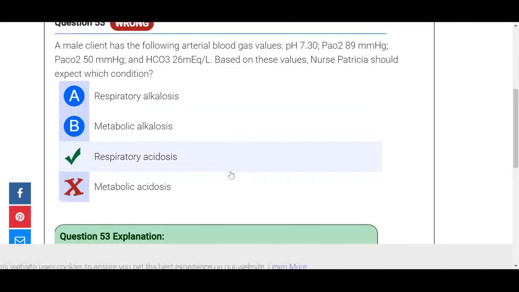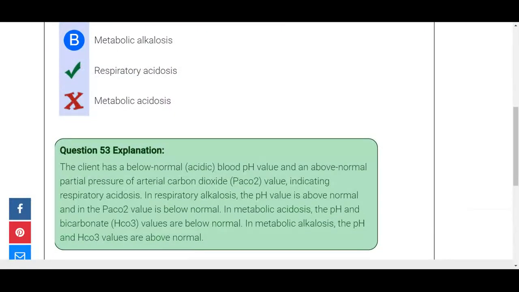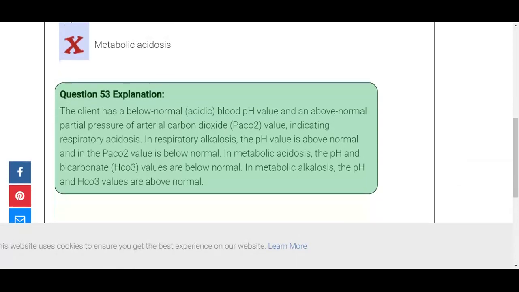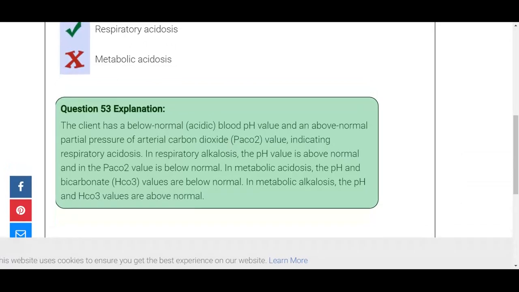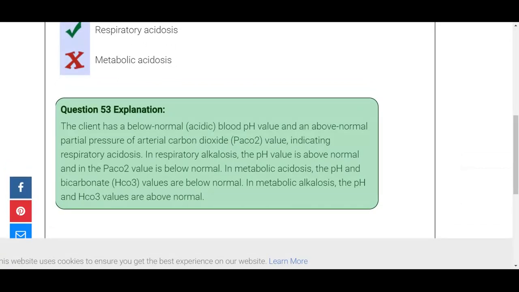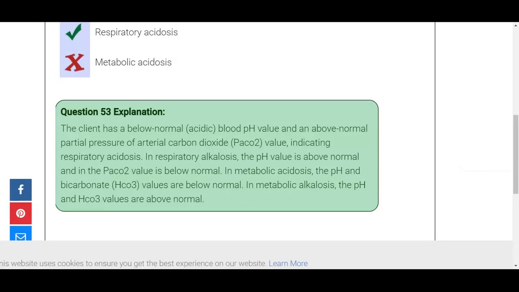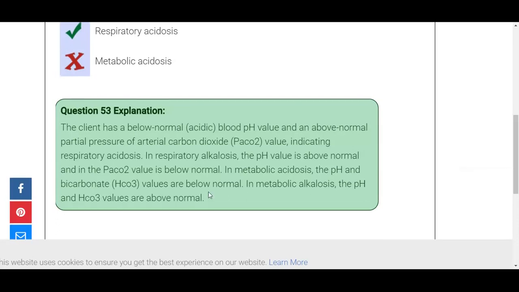It's respiratory. I see. The client has a below the normal acidic blood pH value and above normal partial pressure of arterial carbon dioxide value, indicating respiratory acidosis. In respiratory alkalosis, the pH value is above normal and the PaCO2 value is below normal. In metabolic acidosis, the pH and bicarbonate values are below normal. Oh, I see.